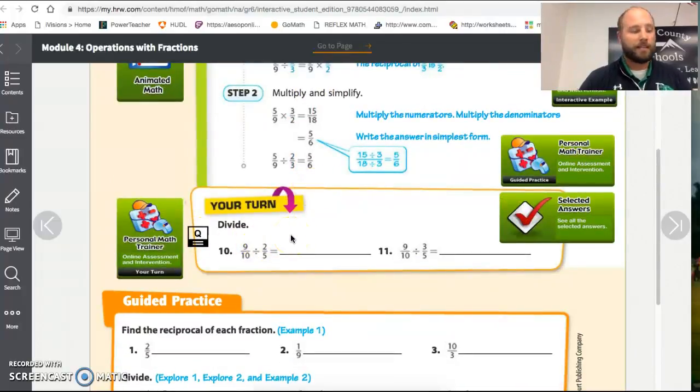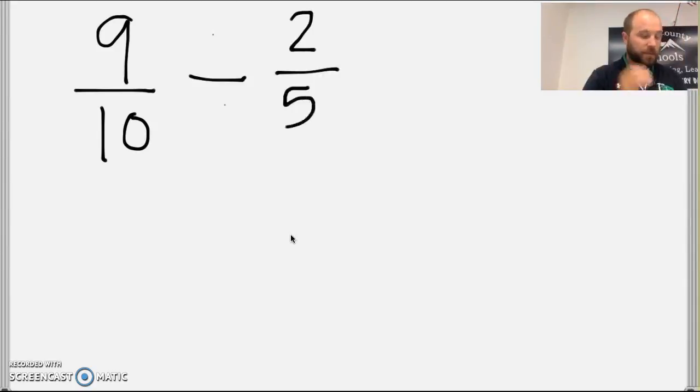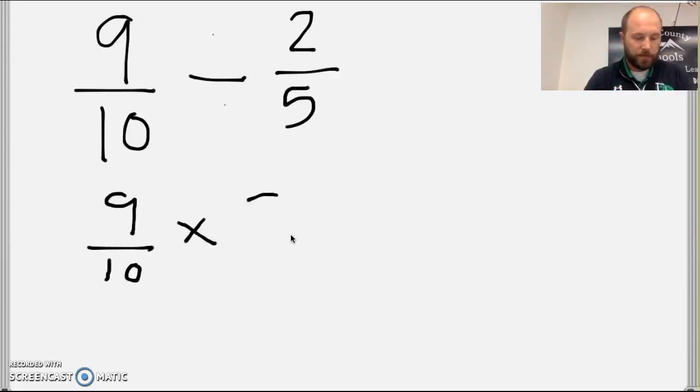So we got 9/10. I'm going to switch screens here, okay? Divided by, I believe it said, 2/5. All right, so our rules to use the reciprocal, or the keep, flip, flip. So keep, flip the sign, and use the reciprocal.